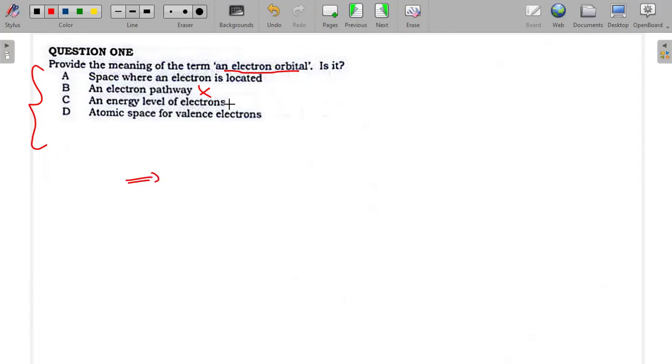An energy level of electrons, no. An atomic space for valence electrons is false, because in the orbitals you're also going to find electrons that are not valence electrons. So the best answer is a space where an electron is located. That's what we call an electron orbital. So we choose option A.